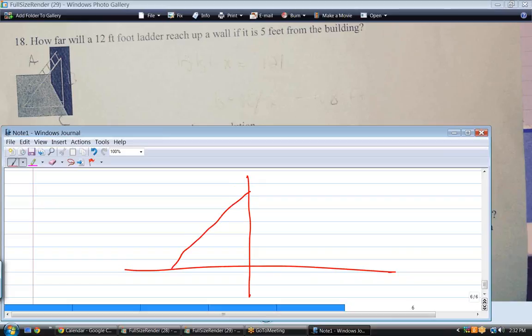Help me label this diagram. What's the length of the hypotenuse? Yeah, 12 feet. What's the length of the bottom of the ladder from the wall? In other words, the x. 5. So they want to know y.